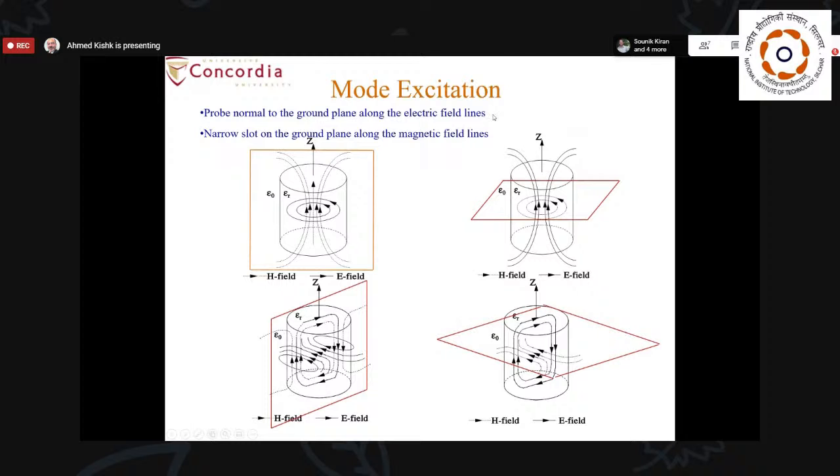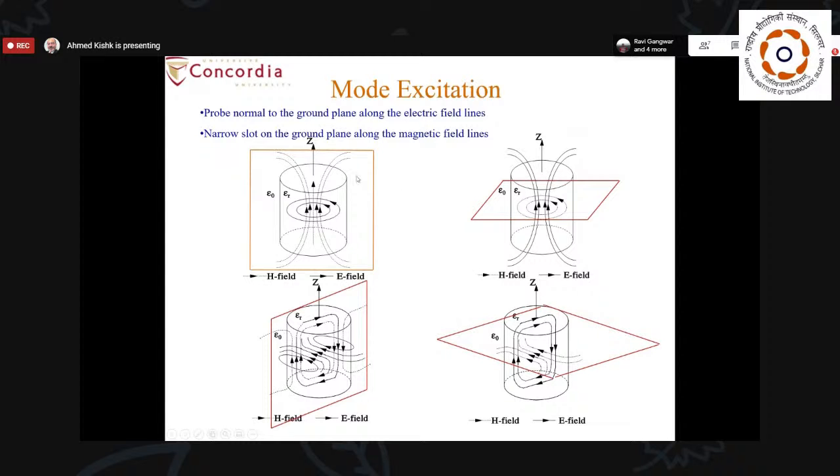If you do that, then you will couple to the mode that gives you this field distribution. Or a narrow slot on the ground plane along the magnetic field lines. So these two simple rules can tell you what is the proper excitation that can be used.